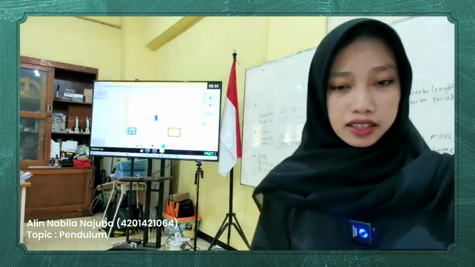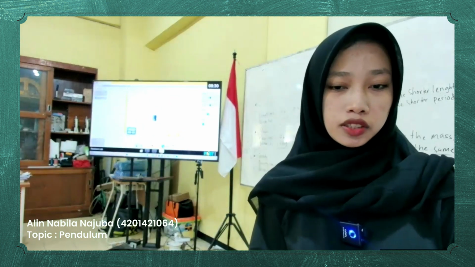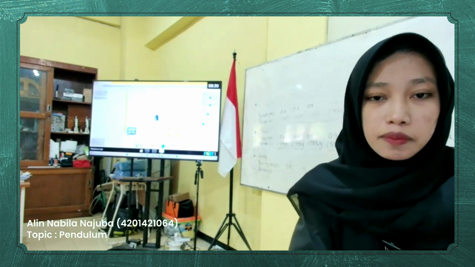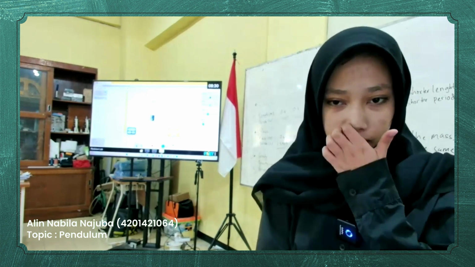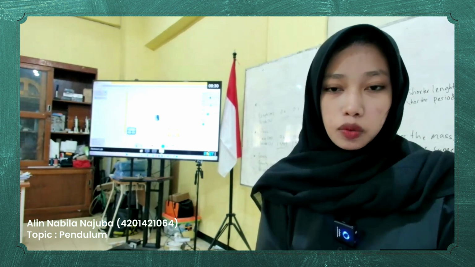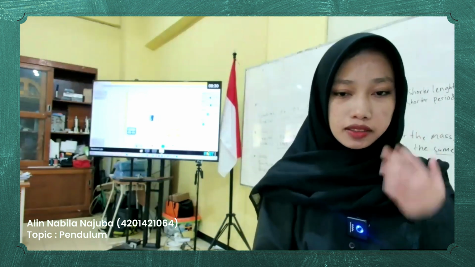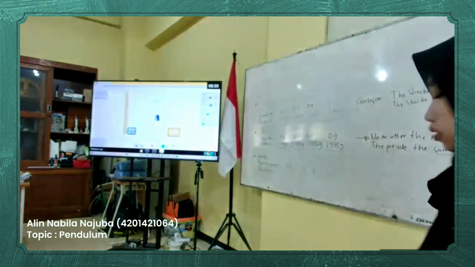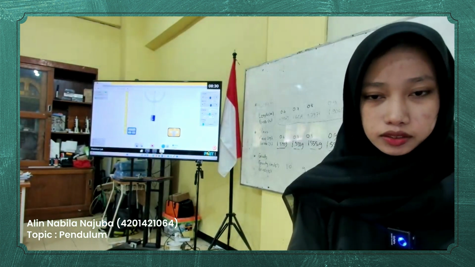And the last is we can change the gravity and keep the length and the mass the same. The mass is 1 kilogram and the length is 0.6. And gravity, we start from 10.